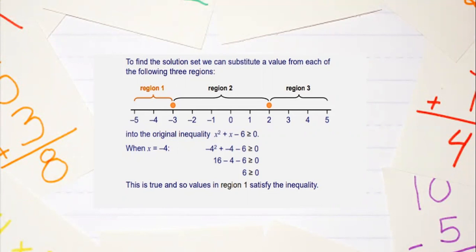So 4 squared gives us 16, plus -4, minus 6, gives us 6. 6 is greater than or equal to 0. So this is true, and so the values in region 1 satisfy the inequality.